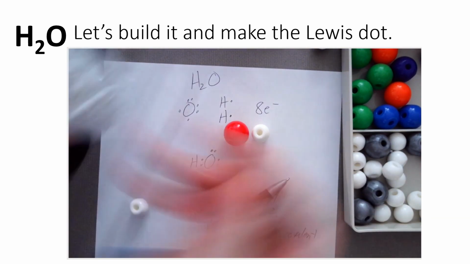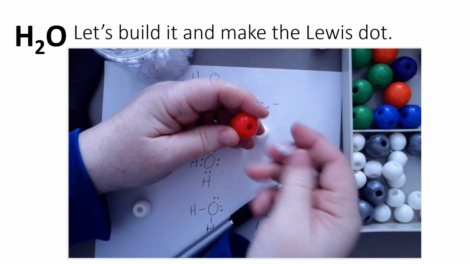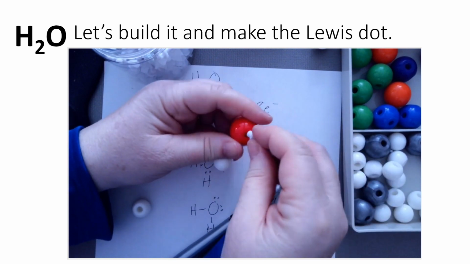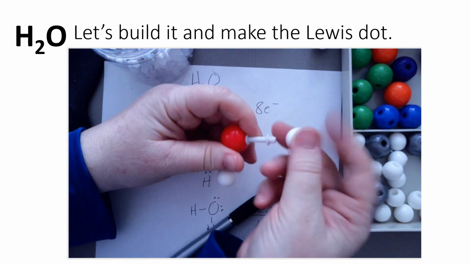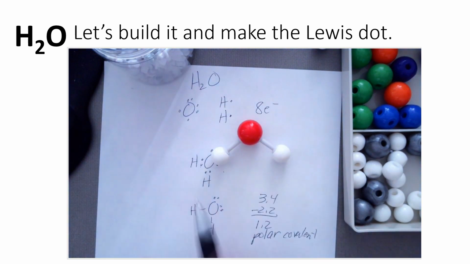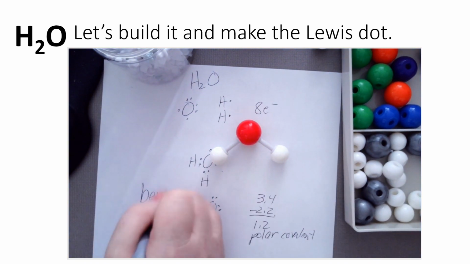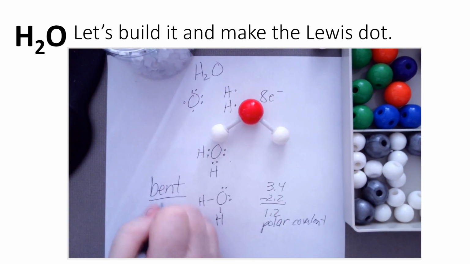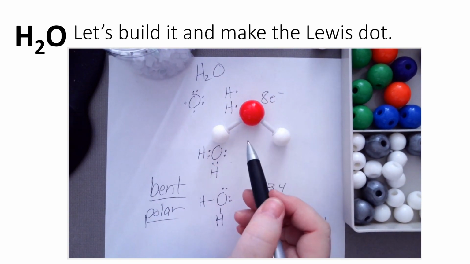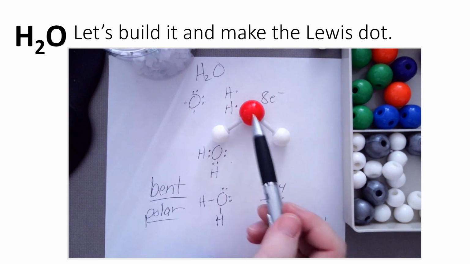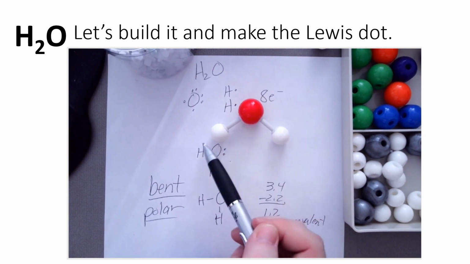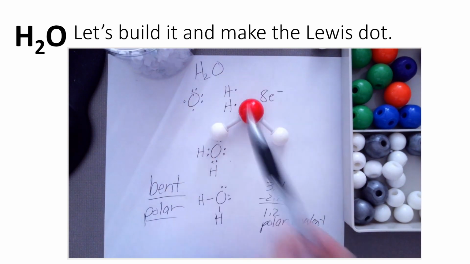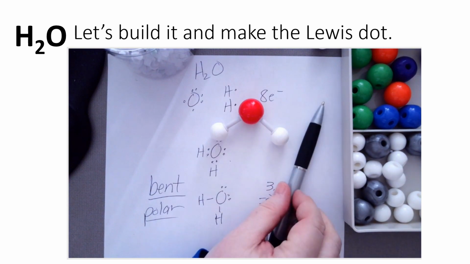So just get 2 of the same, and we'll bond oxygen with hydrogen and oxygen with hydrogen. Looks like this. This shape is called bent. And this molecule is going to be polar. This is not symmetry, because the electrons are pulled closer this way and closer this way. There's nothing up here. So this is going to be a bent shape.